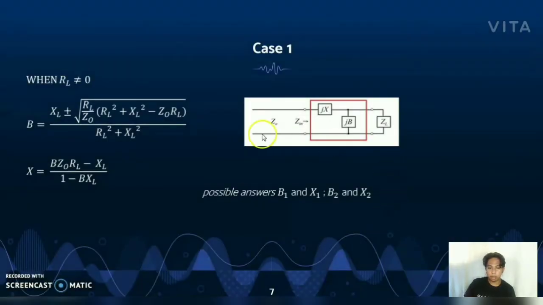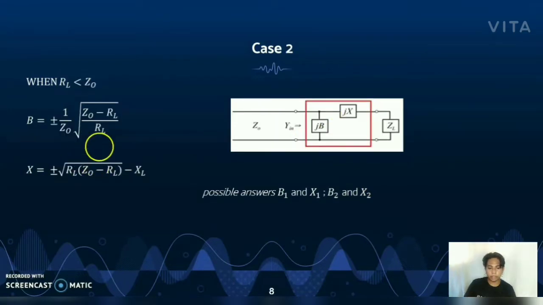For case 1, when RL is not equal to ZO, we have here the formula for B, and also the formula for X. So possible answers could be B1 and X1, B2 and X2. This is the block diagram for case 1.